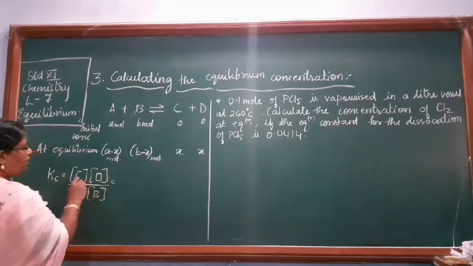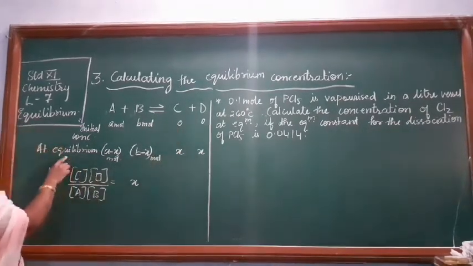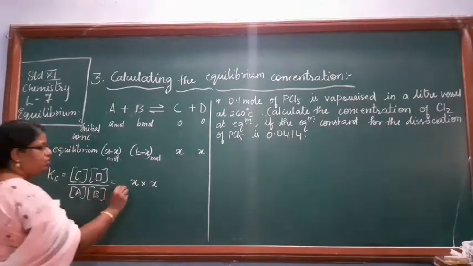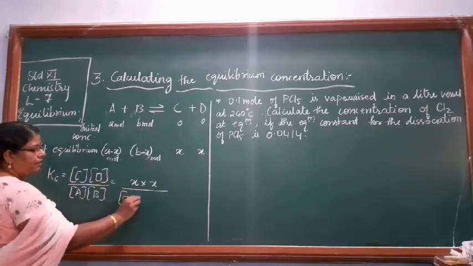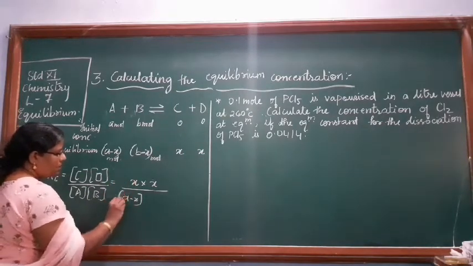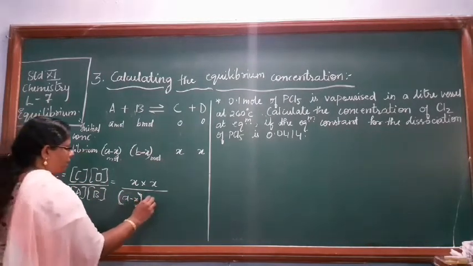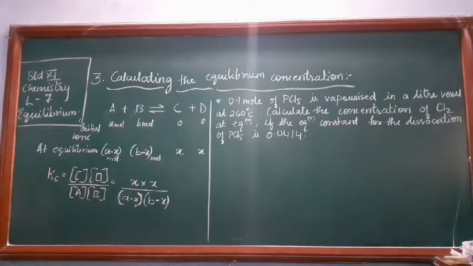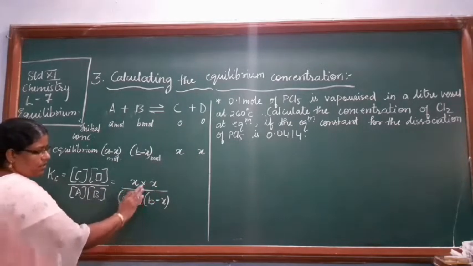Now what is C? C is x. What is the amount of C at equilibrium? x. Times, what is the amount of D? x. So x times x upon, what is the amount of A at equilibrium? A minus x amount is remaining. Don't put the square bracket, no need, you can simply write it as square bracket. Okay, A minus x, and here you have B minus x. So you have this much amount of the reactants and the products at equilibrium.